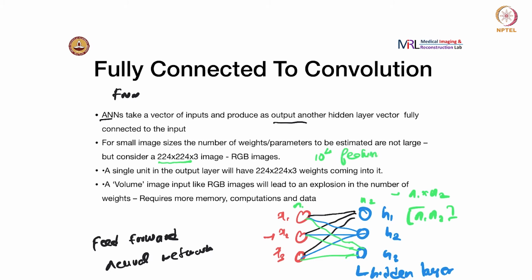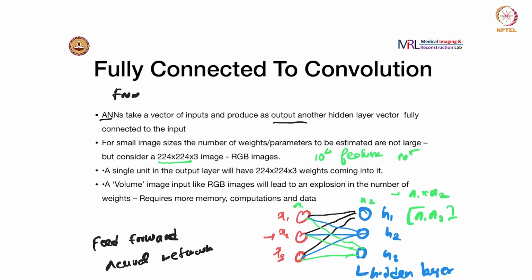If you consider each pixel as a feature, that's about 10 raised to 4 to 10 raised to 5 features, depending. So now, if you try to analyze these images, let's say the task of image recognition using a fully connected feed-forward neural network.